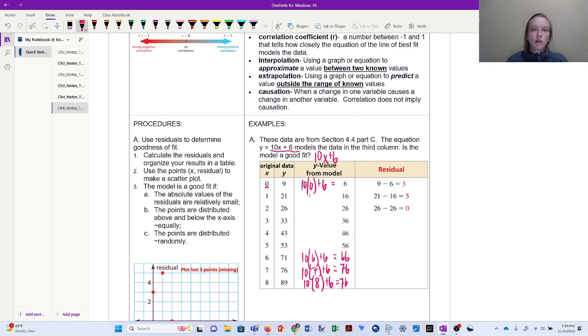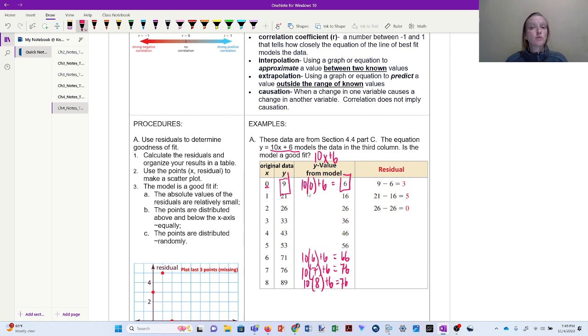Now the residual is going to be the actual y value minus the y value that we calculated from the model. So we're going to do 9 minus 6, and that gives us 3.